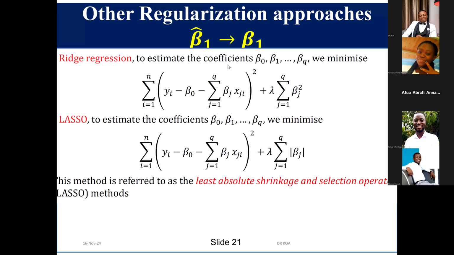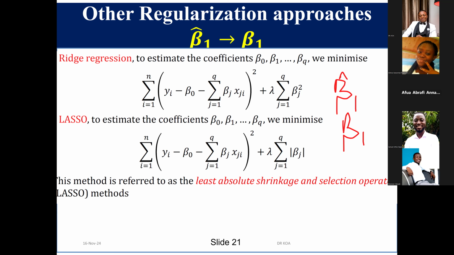The whole essence is to remember that beta 1 cap is an estimator, an estimate of beta 1. When I say it's an estimate, it is from a sample. You collect a sample, then you get a value. You collect a sample, then you get a value.